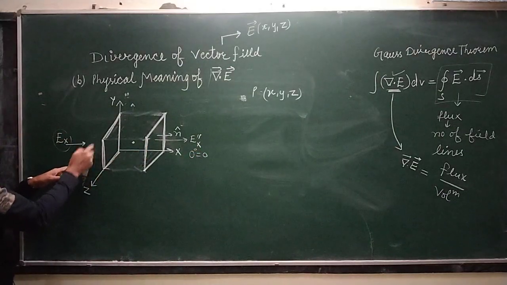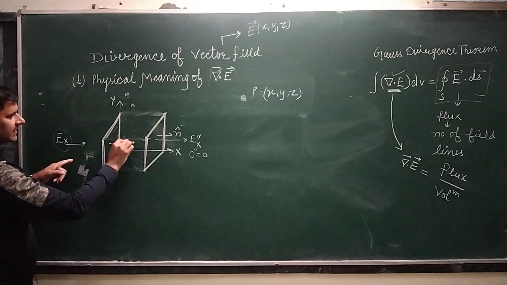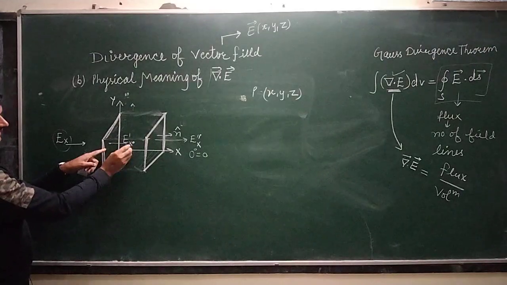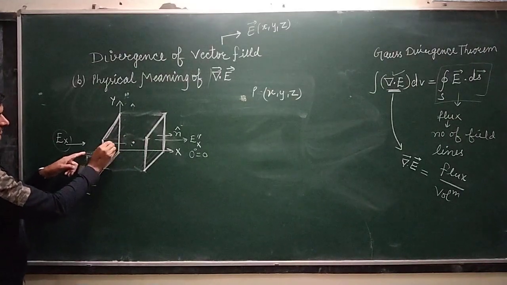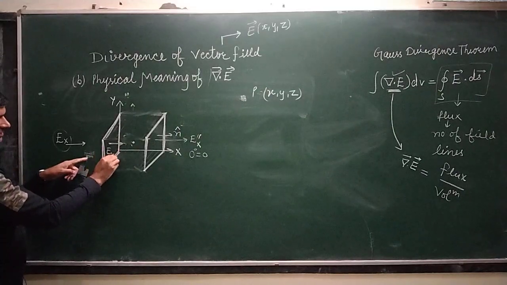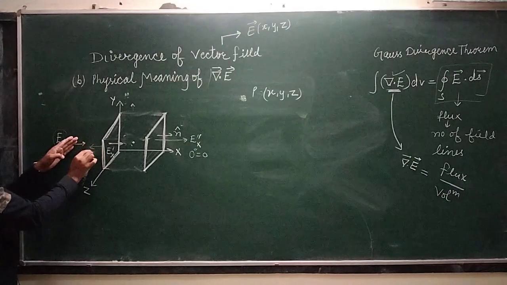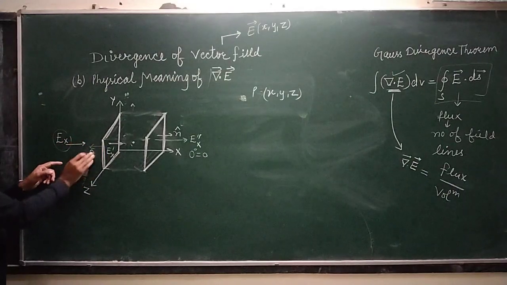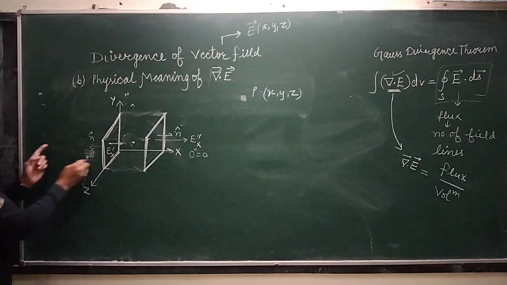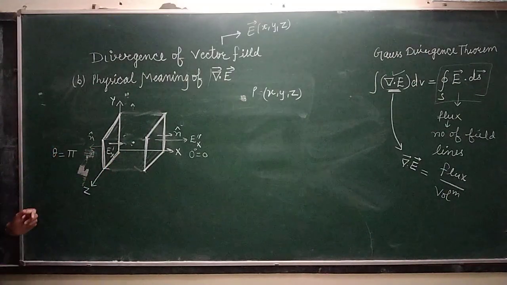And at this face the component of electric field, let this be Ex dash, and the normal is along this direction. So here you can see these are in opposite directions, so the angle theta will be pi.